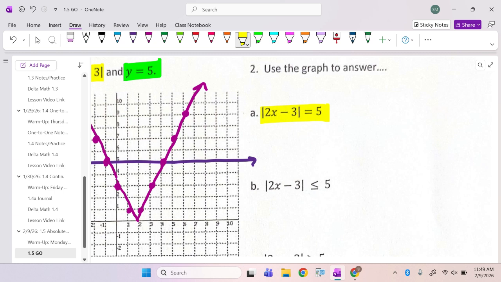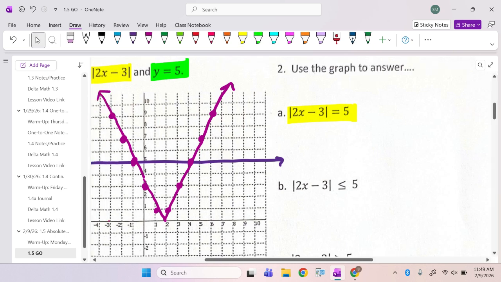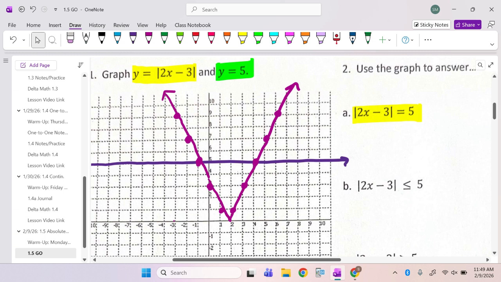So if we're thinking about points, how would we figure out at what X values the Y values are going to be equal to 5? If we're looking at the graph, which points on the graph have an X value with a Y that is equal to 5? Where is Y equal to 5?